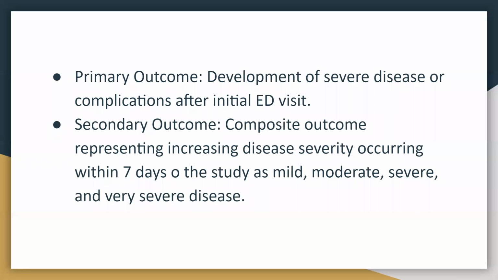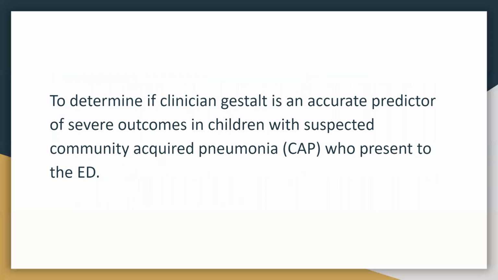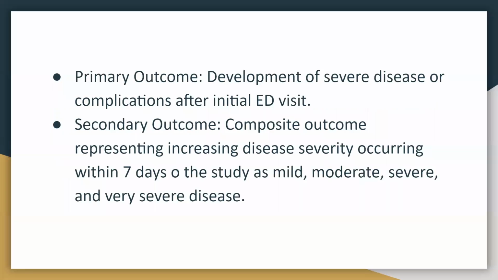Okay, so the point of this article was to determine if clinician Gestalt is an accurate predictor of severe outcomes in children with suspected community-acquired pneumonia who present to the emergency department. The primary outcome of this study was the development of severe disease or complications after the initial emergency room visit.